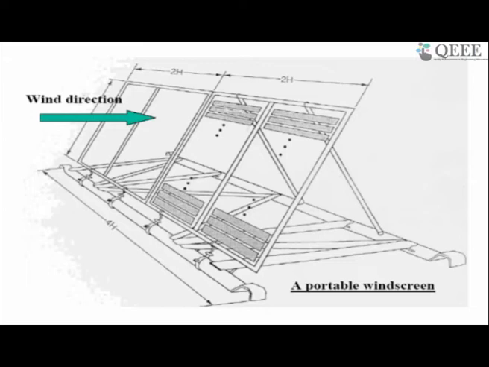You can set up a windscreen on the upwind side of the activity, so that all the emissions contributed by the activity will not carry forward. So the windscreen is another good example for reducing the emissions.